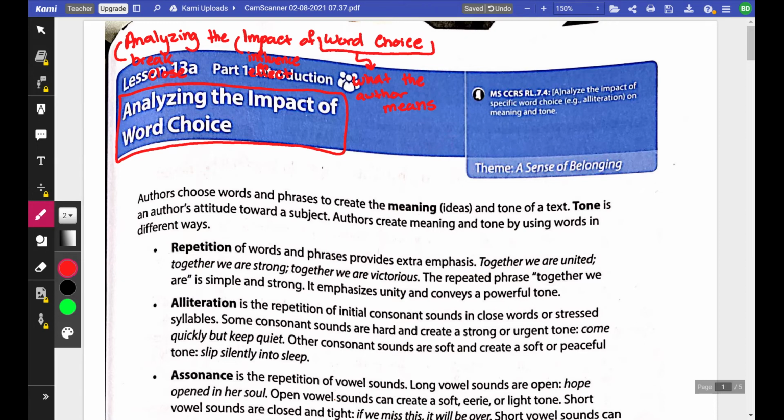And they're going to get their ideas across to the reader in a variety of ways. So they can get their ideas across using figurative language, connotative language, different sound devices, as well as different literary devices.